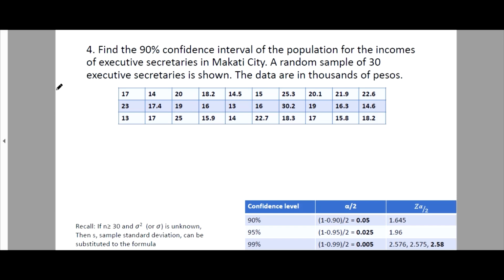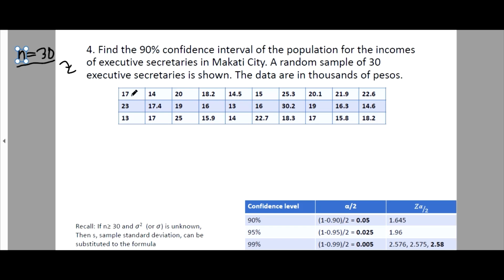So, our given first is n is equal to 30. So, of course, this is now greater than or equal to 30. So, satisfied ang first condition for the z. So, because of the word or, only one can be satisfied. So, we will use the z distribution. Okay, because of our n.